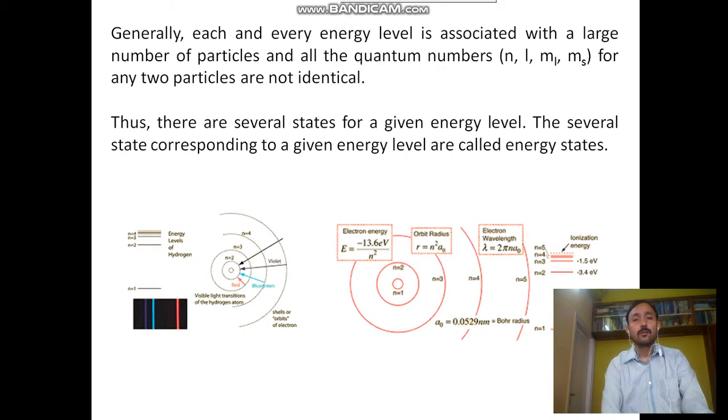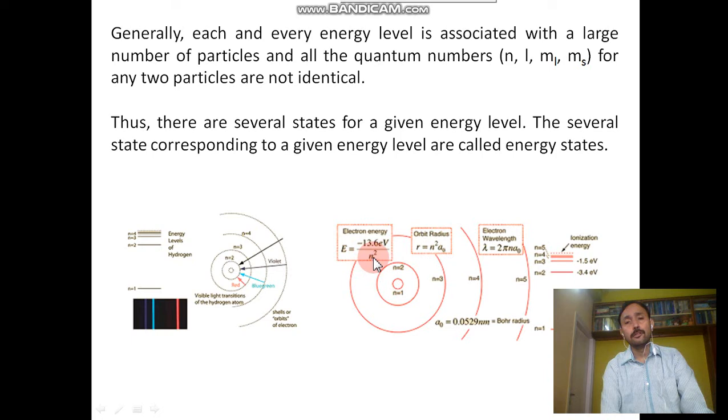So the electron energy is normally expressed as minus 13.6 by n square. Now if n is changing, for n is equal to 1, E becomes minus 13.6 eV.